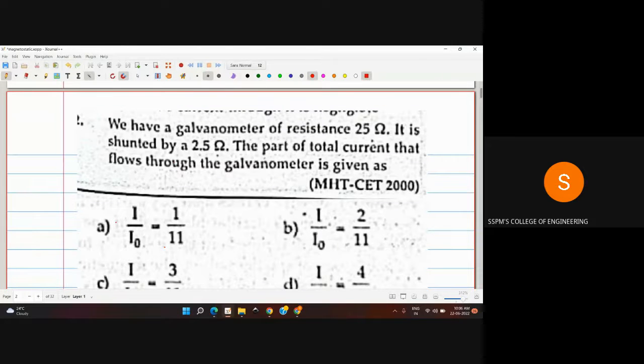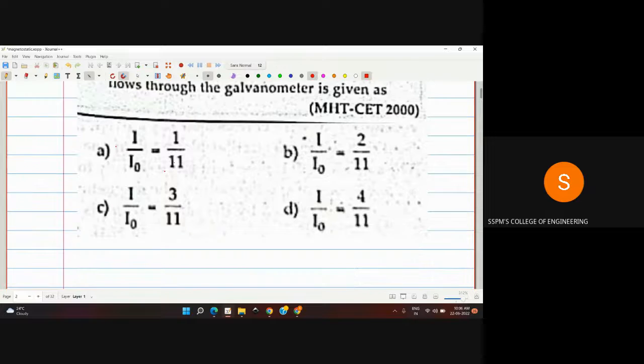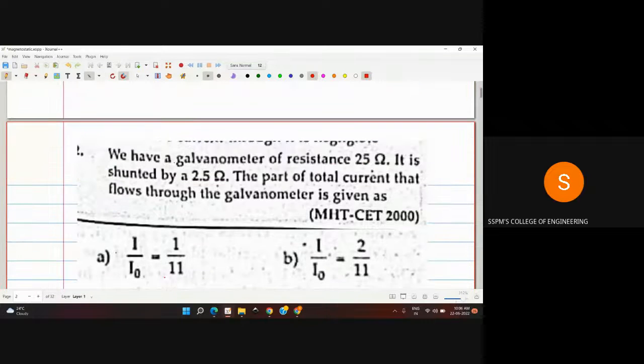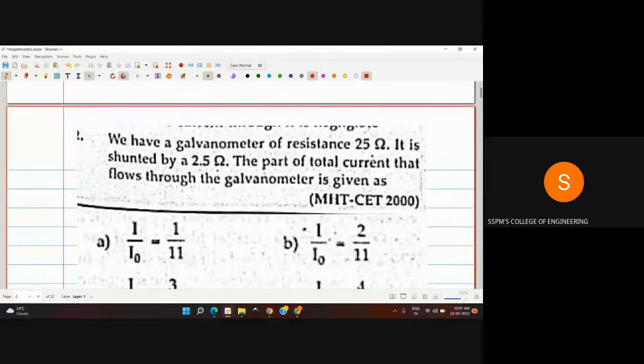The example is also based on the galvanometer. We have a galvanometer of resistance 25 ohm and it is shunted by 2.5 ohm. The part of current that flows through the galvanometer is given by. Now the galvanometer as an ammeter, you know how it is, the circuit is given in the book.